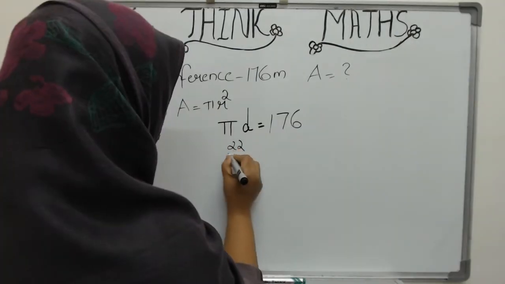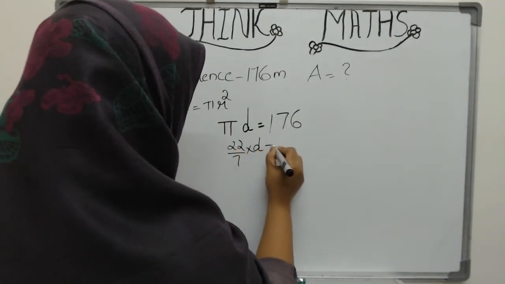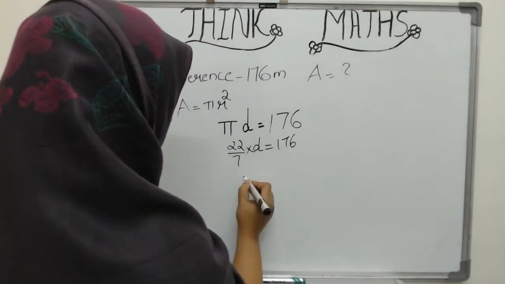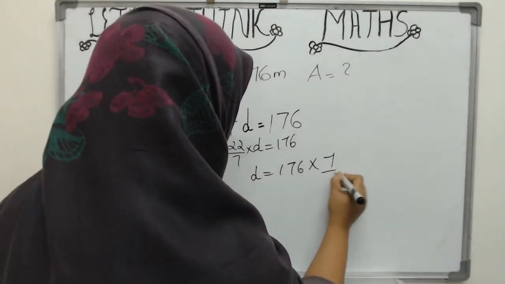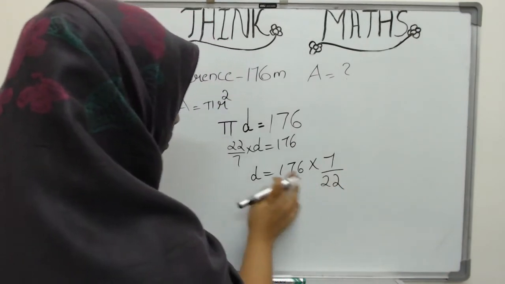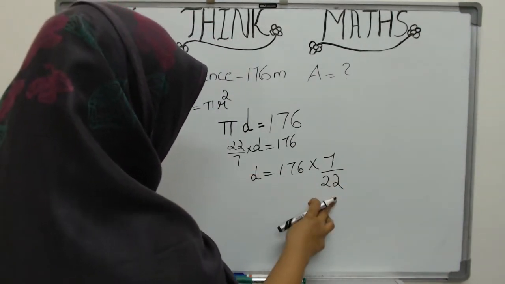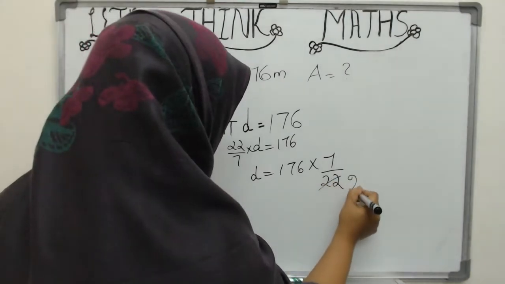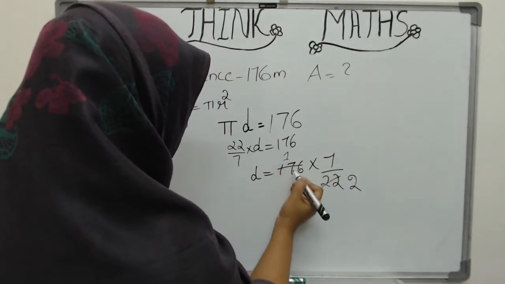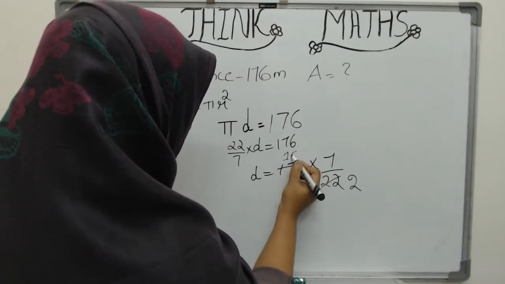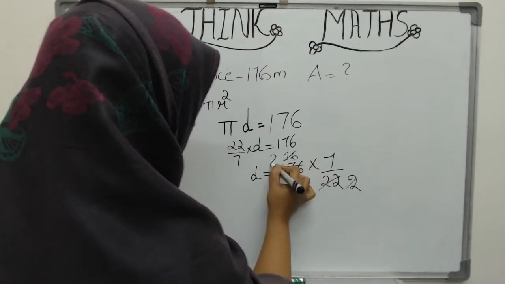This 22 by 7 into d is equal to 176. That means d is equal to 176 into 7 by 22. Now both of these are divisible by 11. So this will be 2 and this will be, out of 17 you have 1 11. Carry over 6. So 16, 8.